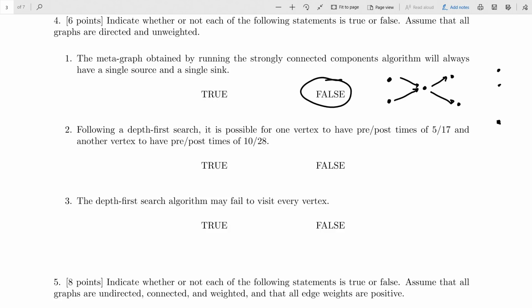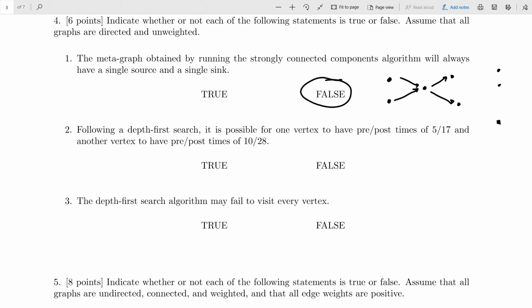So we're doing the depth first search. We got to the first vertex at time 5, so we reached it first. And then, before we finished with that vertex, we visited this other vertex at time 10. But then we somehow finished up the original vertex before we finished up the second vertex. Can that happen with depth first search? No. If you encounter something first and then something later, you're going to finish up the later one before you finish up the first one.